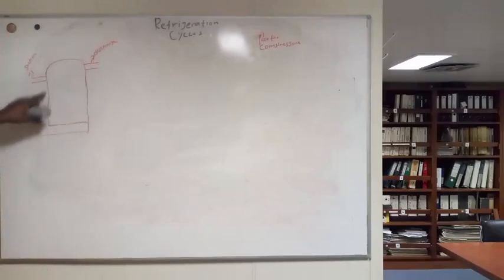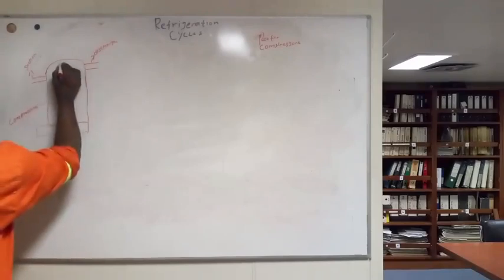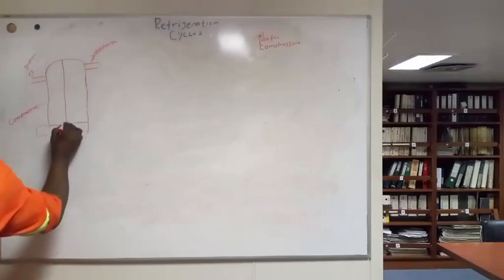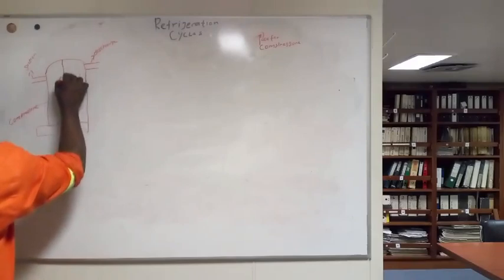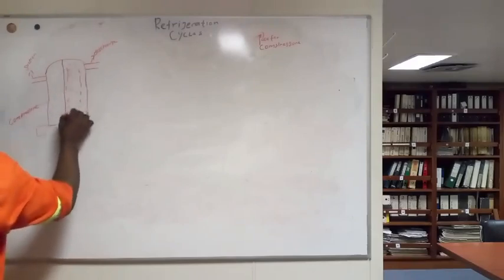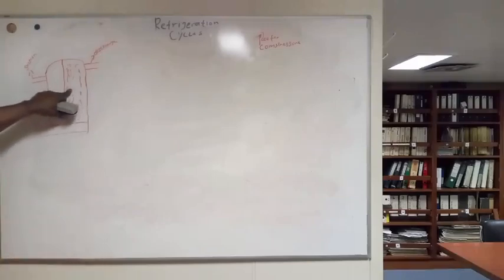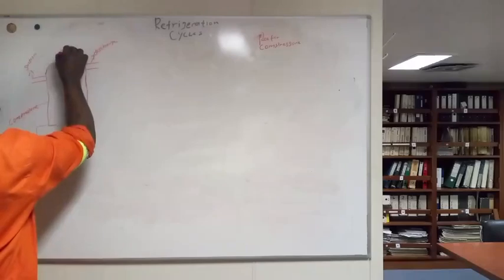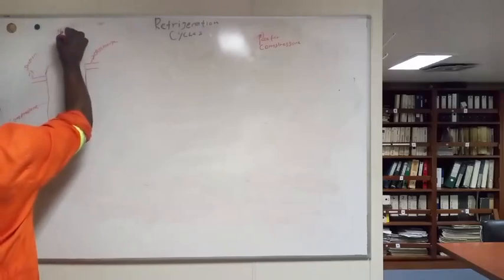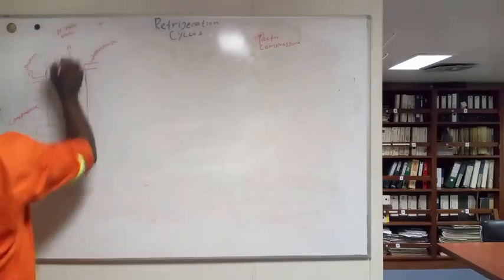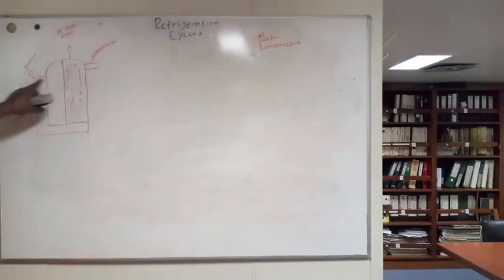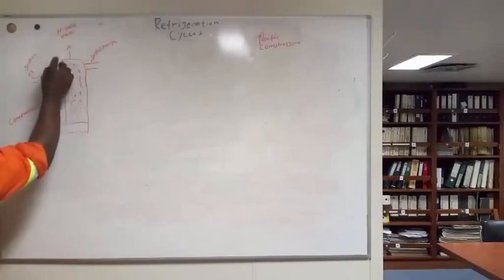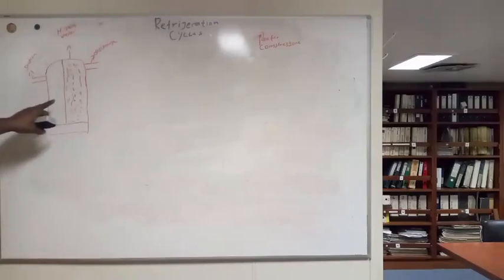This is our suction line. This is our compressor. This is our high temperature vapor. This is our discharge line. This is our suction line. This is our compressor. This is our high temperature vapor.